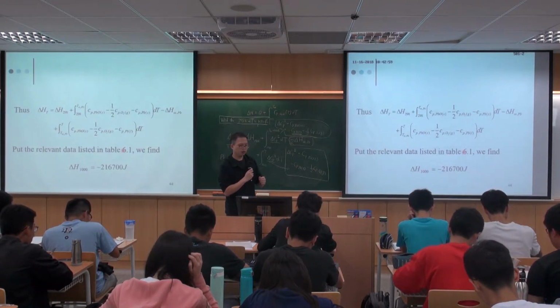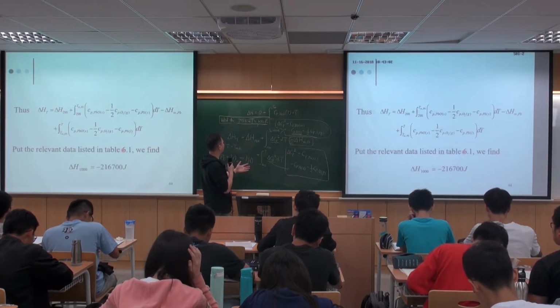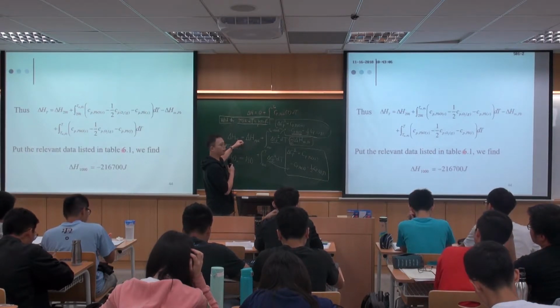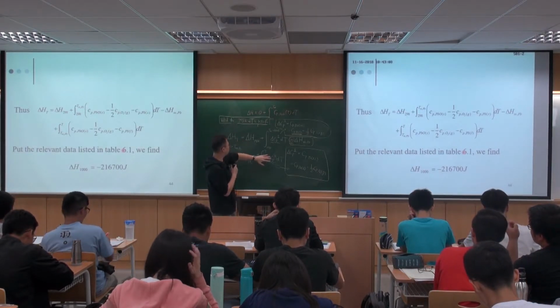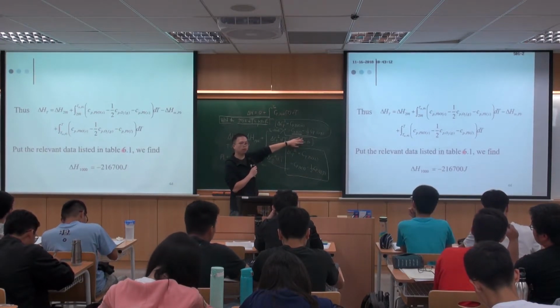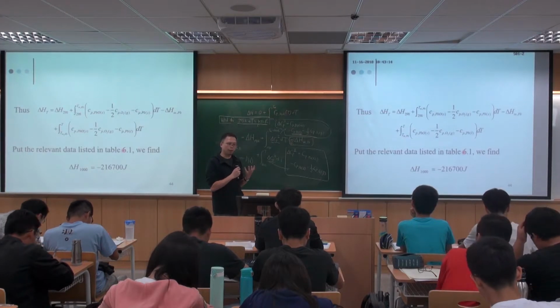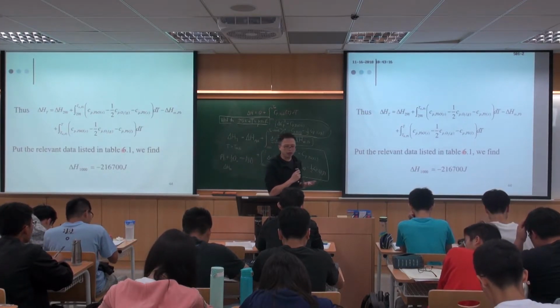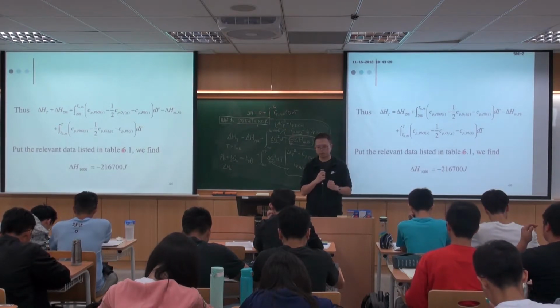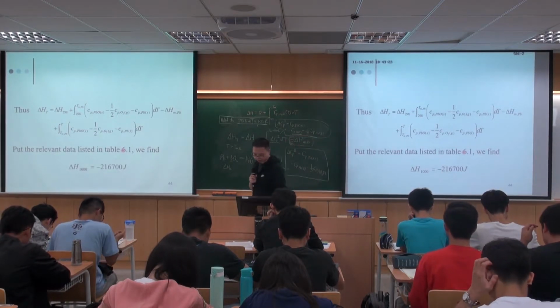Okay. But if you're dealing with just, for instance, 500 Kelvin, then you don't have to worry about the second part, right? You don't have to worry about this part, and you don't have to worry about this. Because if the reaction is carried out at 500 Kelvin, then there's no melting of lead. Okay?